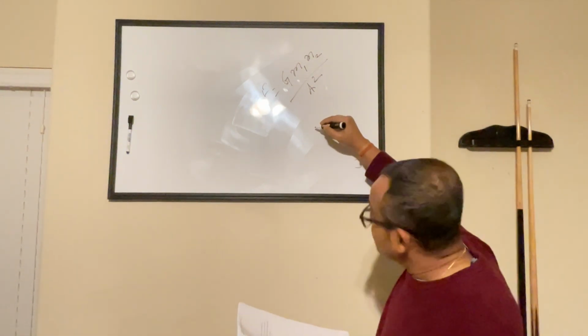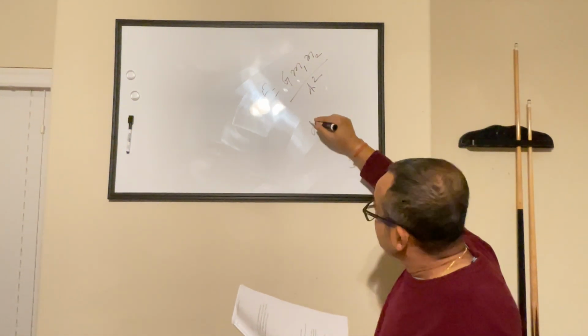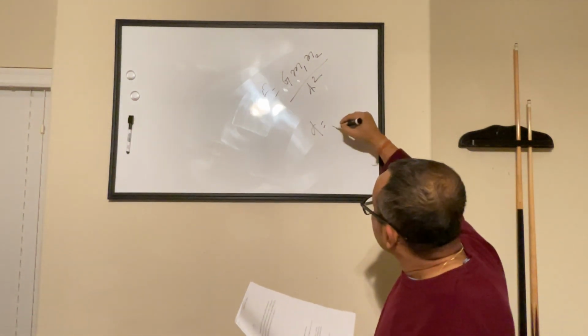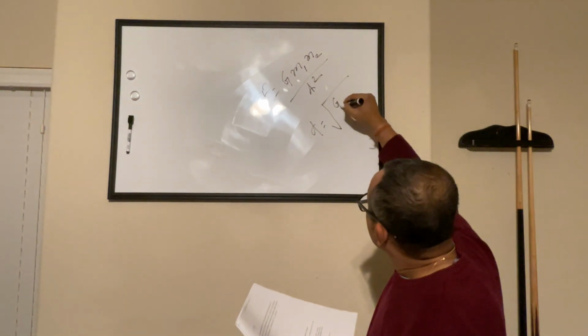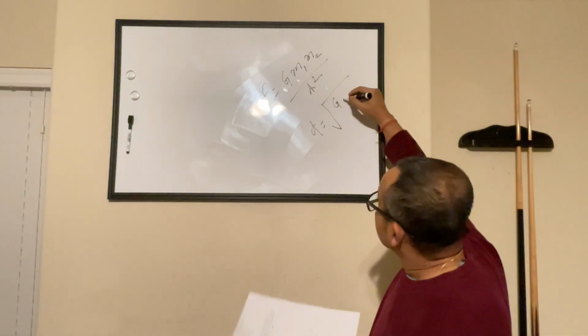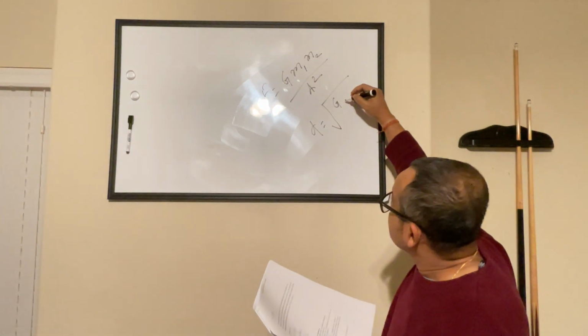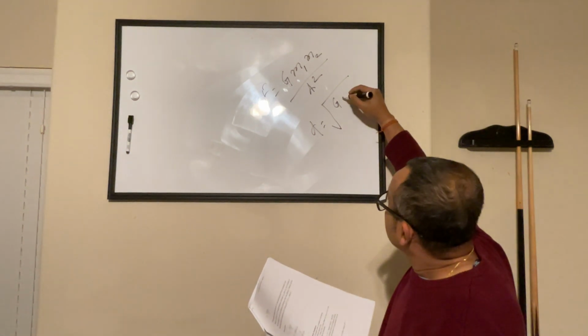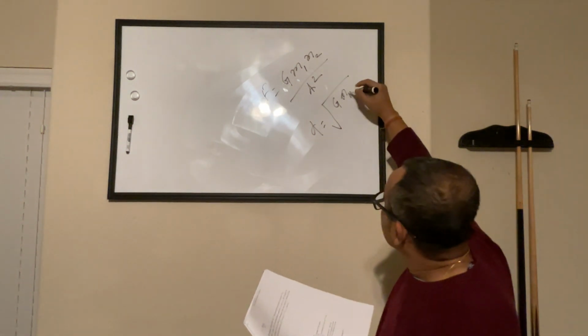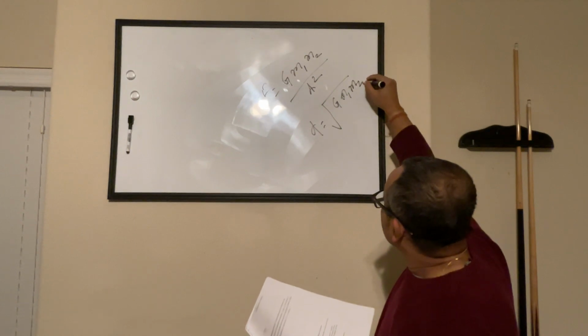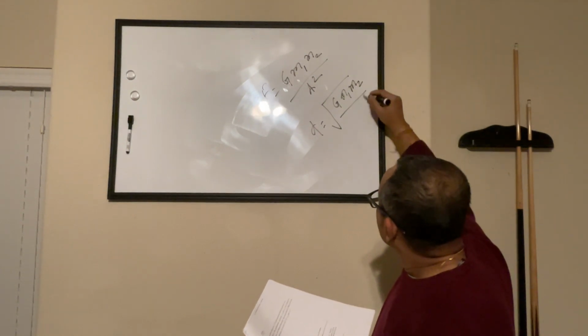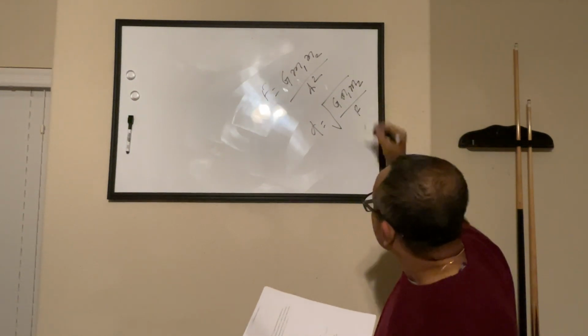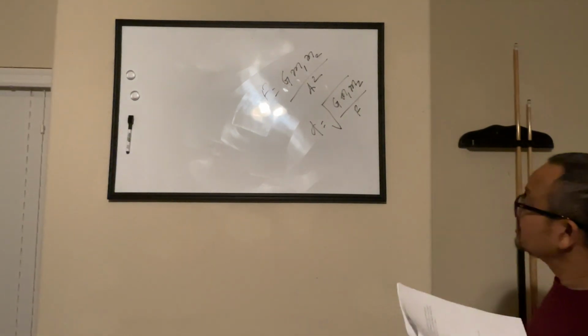I got square root of G m1 m2 over F. Yeah, that was the answer I got.